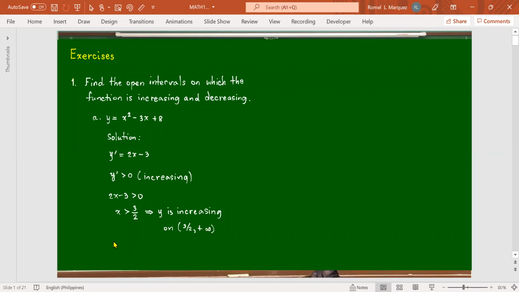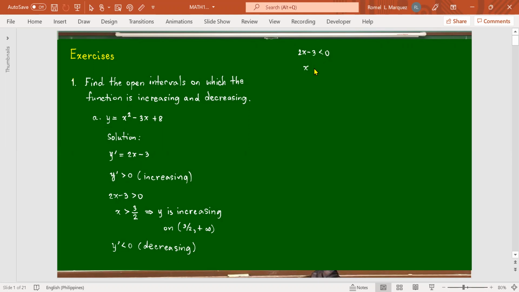Now, what about y decreasing? So this time y prime is less than 0. So the value of x for which y prime is less than 0, y is decreasing. So we have 2x minus 3 is less than 0.